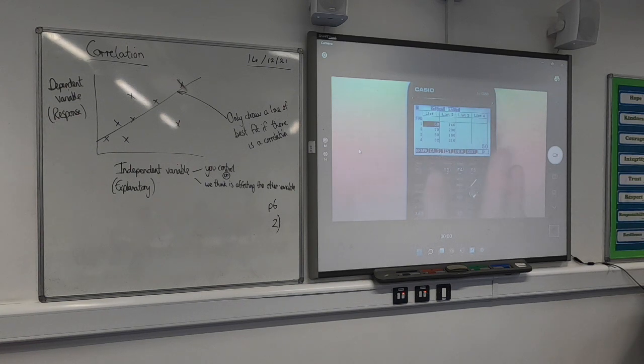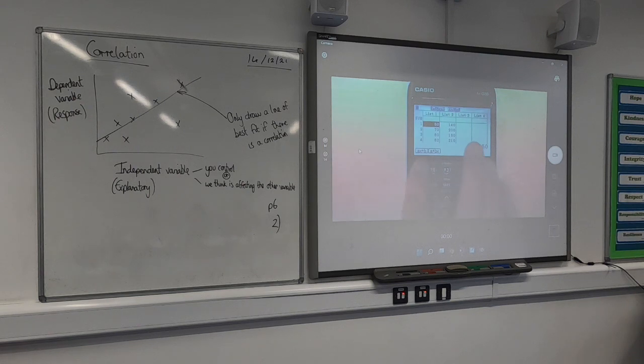So here's what we do. We go to calc. And this topic, and I'm going to explain why it's called this, is often referred to, instead of correlation, as regression. So we go to reg, short for regression. And we just choose x, which means we're dealing here with a linear relationship, straight line correlation.